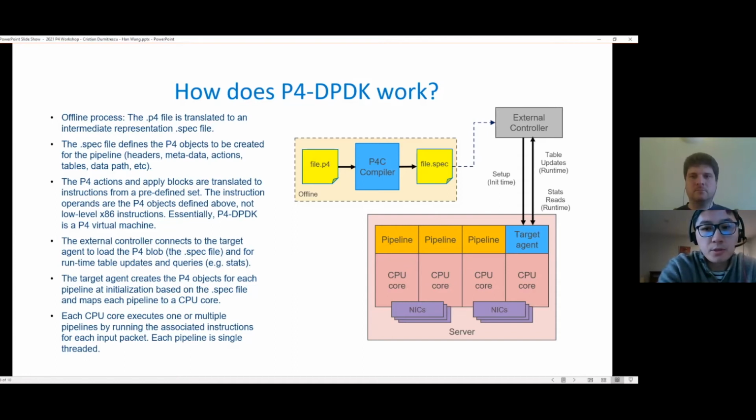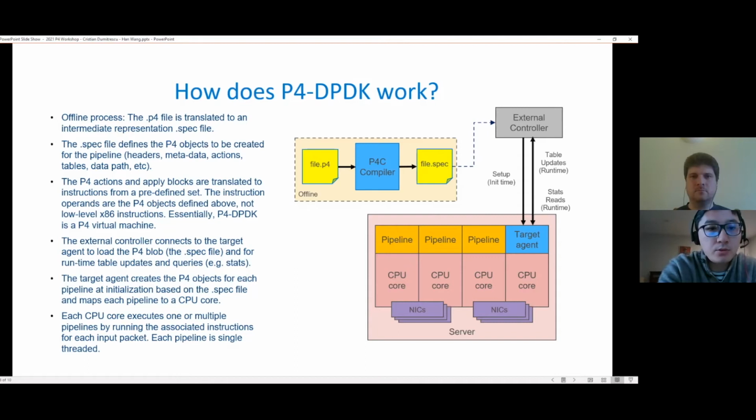We have instructions for arithmetic operations, and instructions for external operations such as meters and counters. These instructions are at the moment interpreted by the P4 DPDK framework. However, we have plans to improve it so that they can be executed at a much higher speed, as in the native x86 instruction set.